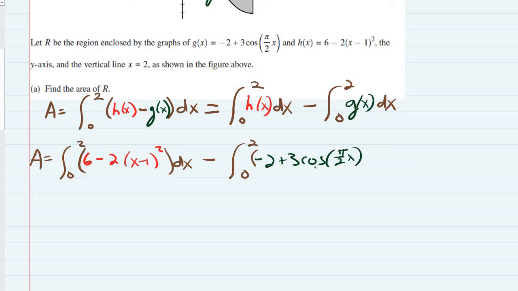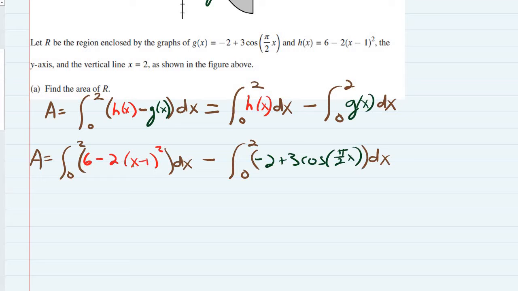Of course, we have to put this in parentheses and multiply it by dx because that's the width of each one of the rectangles.